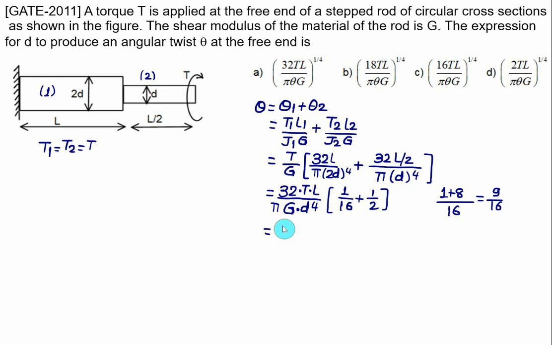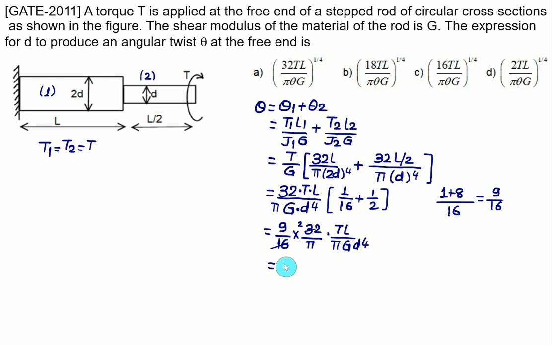So we have 9 divided by 16 into 32 divided by pi into T into L by G d to the power 4. 16 and 32 will give 2. 9 into 2 is 18.